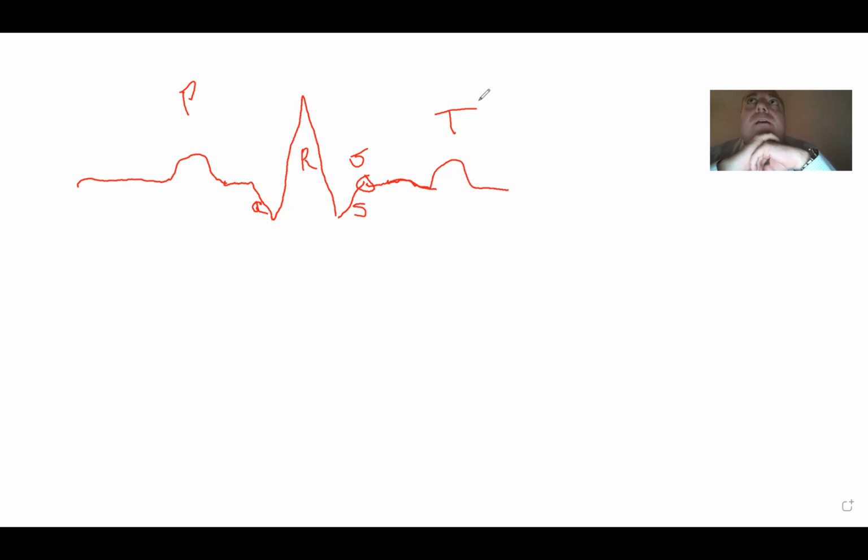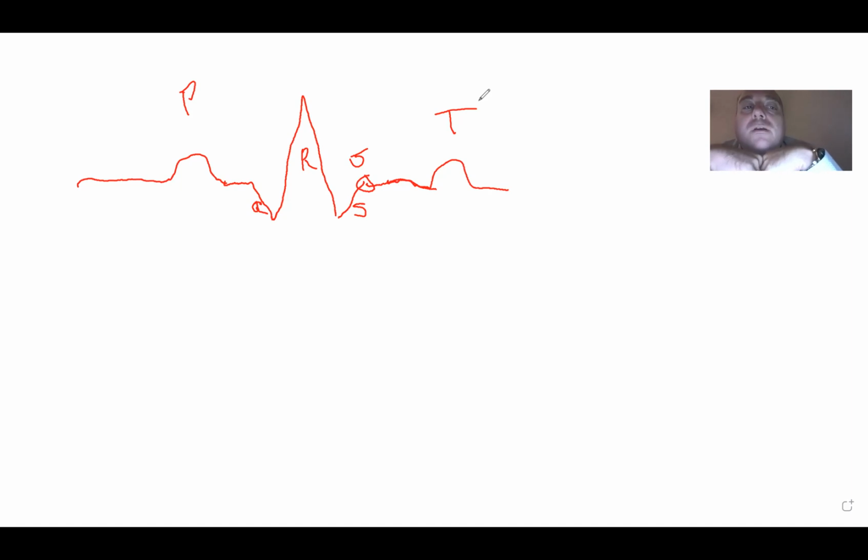What's happening mechanically now? We've got electrical conduction going on: atrial depolarization and ventricular depolarization. What does all that mean? When they happen electrically, these things are supposed to correspond to mechanical, physical activity.